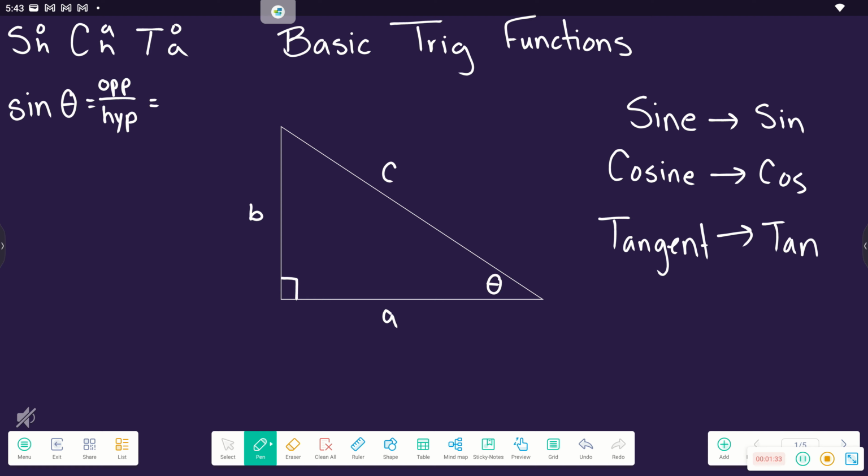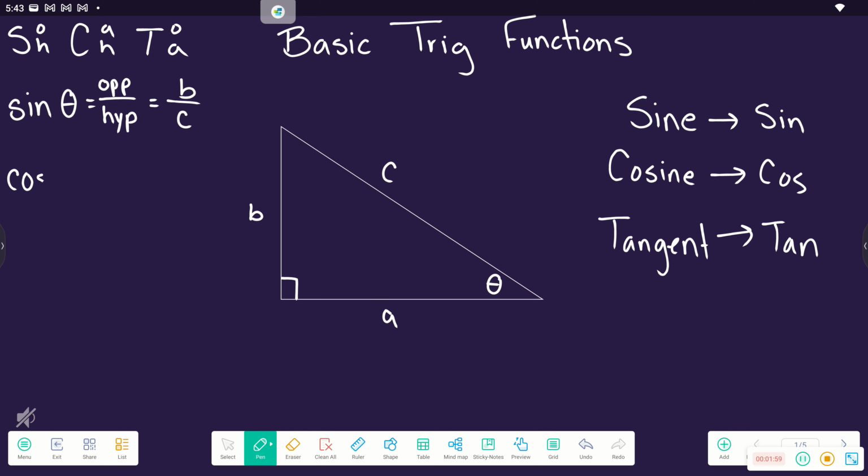And for this triangle specifically, I'm going to look at my angle and go, what side is opposite? And that is B. And then our hypotenuse is always opposite of our right angle. It's always our longest side, which in this case is C. For this example, sine of theta would be B over C.